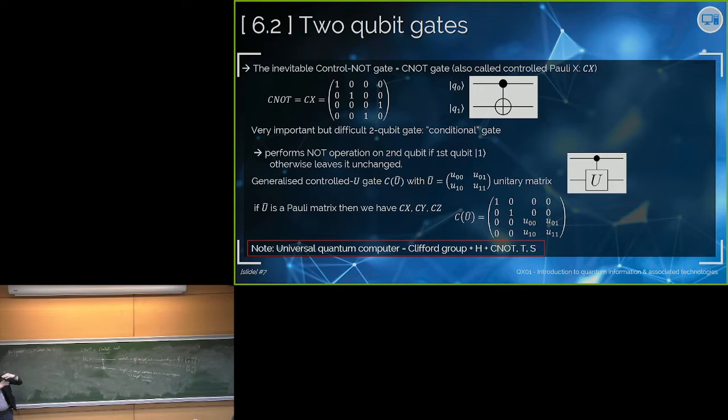Now I want 2 qubits together. If you remember, the operation to do this is the tensor product. So say Q0 was A0 plus B1, and Q1 is C0 plus D1.